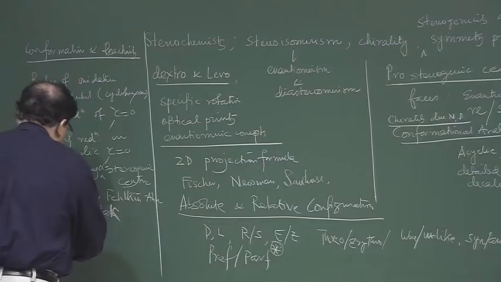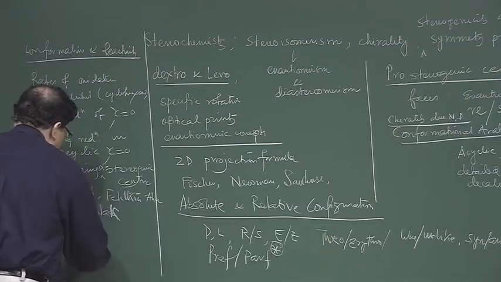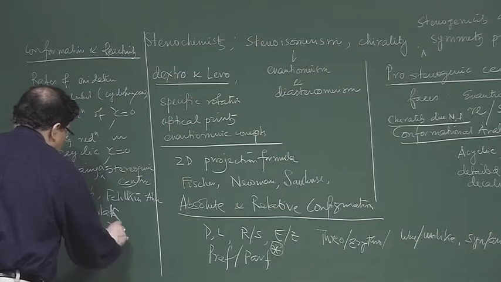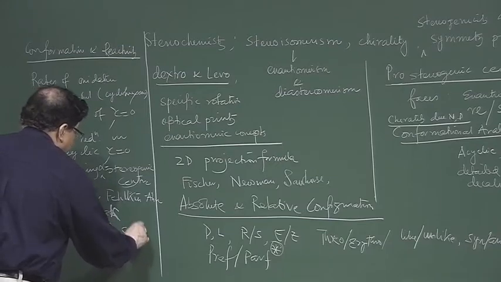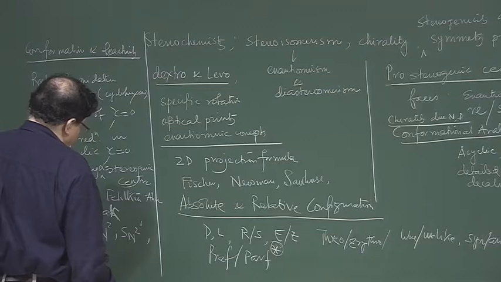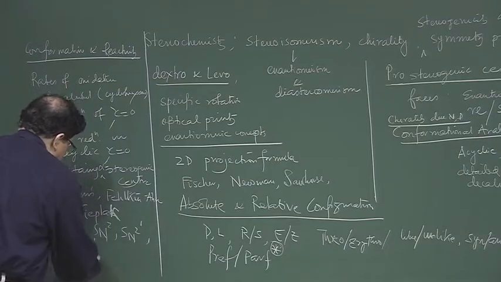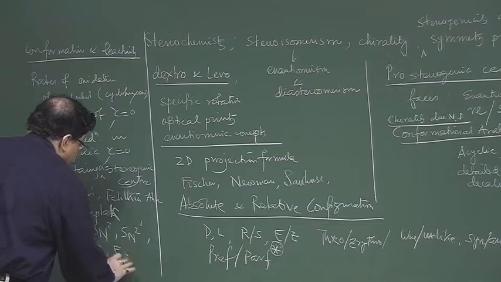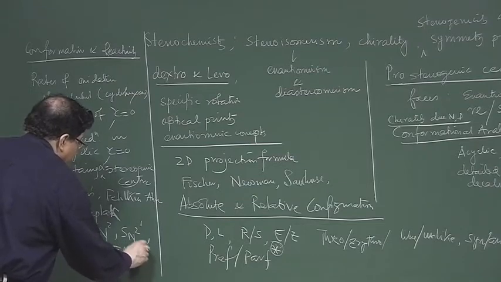And then we have SN1, SN2 reactions, SN2 prime, then NGP, then E1 and E2.